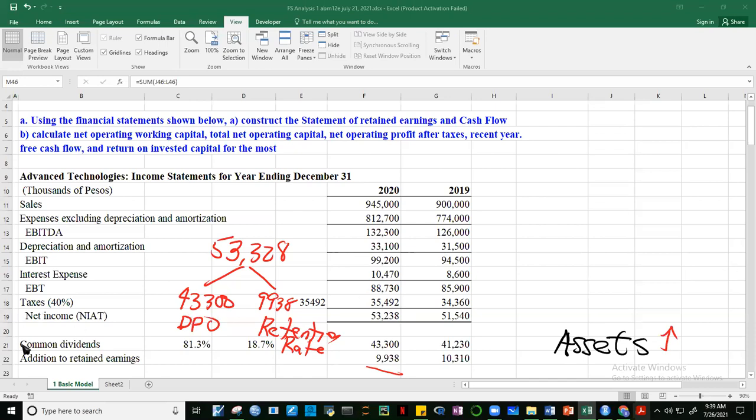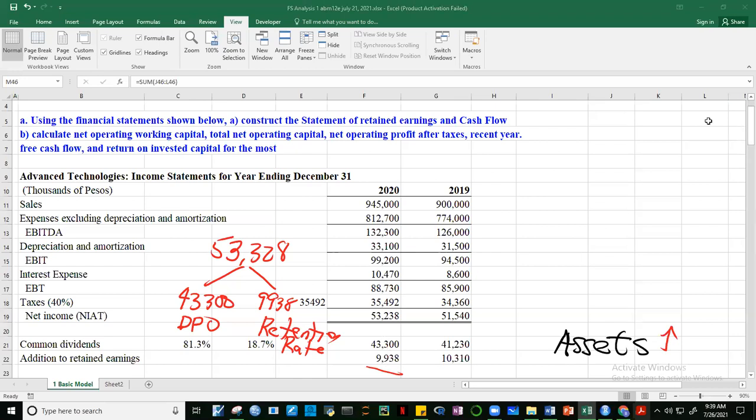Okay? So this guys, itong dividends na to, itong 43,300 na to, nasa template na ba natin yan? Wala. Kasi hanggang dito lang tayo di ba? Itong 53,238. Tapos in-adjust nga natin yan for the depreciation. However, yung after the net income after tax, itong common dividends na to, this involves cash.